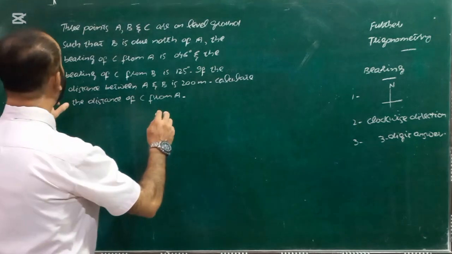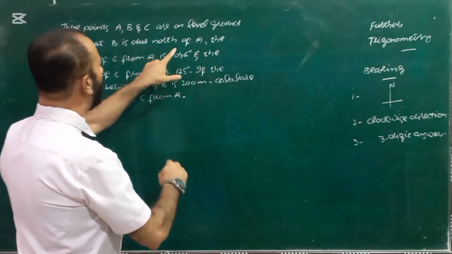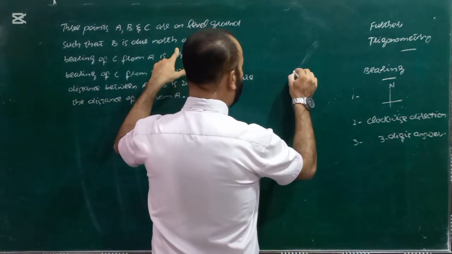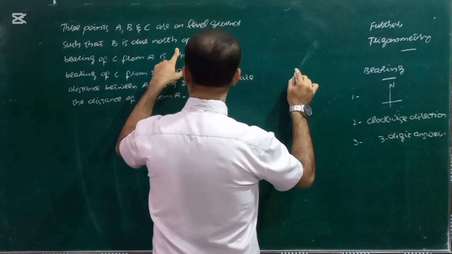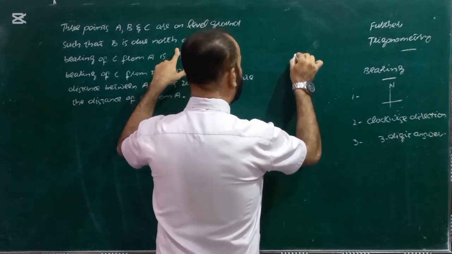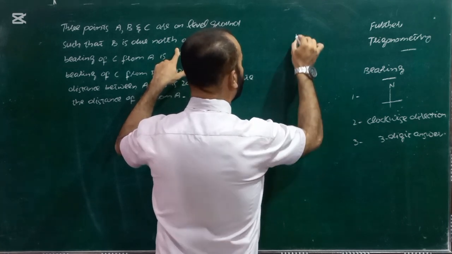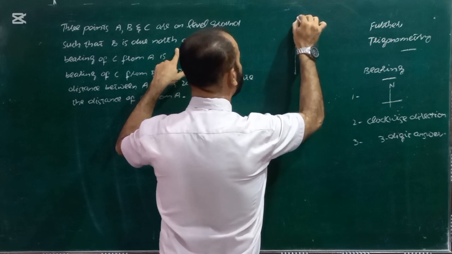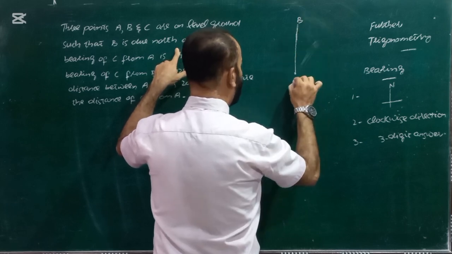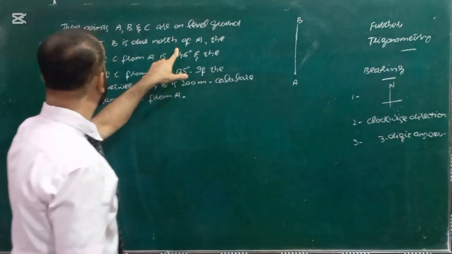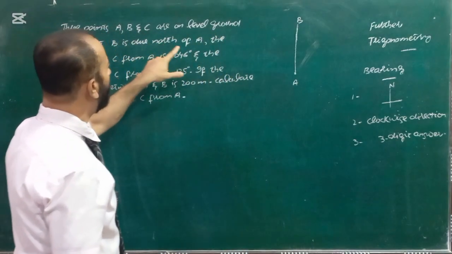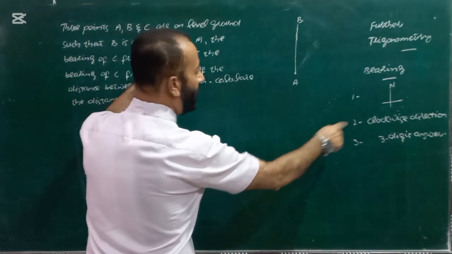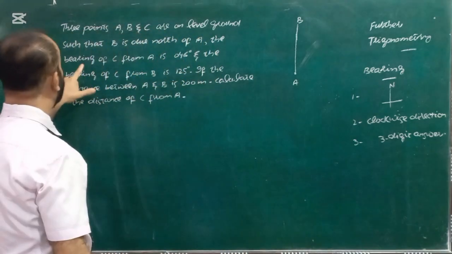Okay, concentrate yourself: B is due north of A. So here will be B, and here is A, because it is given that B is due north of A. So definitely here is the north direction.